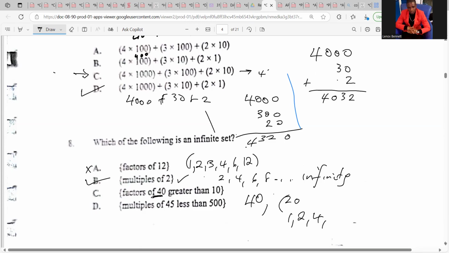Even though it's a greater than, let's just list them out: 4, 5, 8, 10. The only numbers are 20 and 40. So there are only two factors greater than 10 that are a part of 40. And then multiples of 45 less than 500. So it has a limit. The less than makes it a limit. So ensure you read them properly.